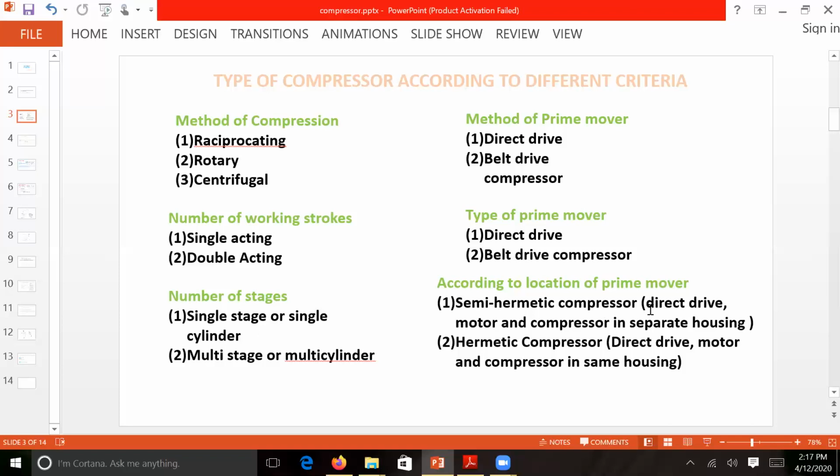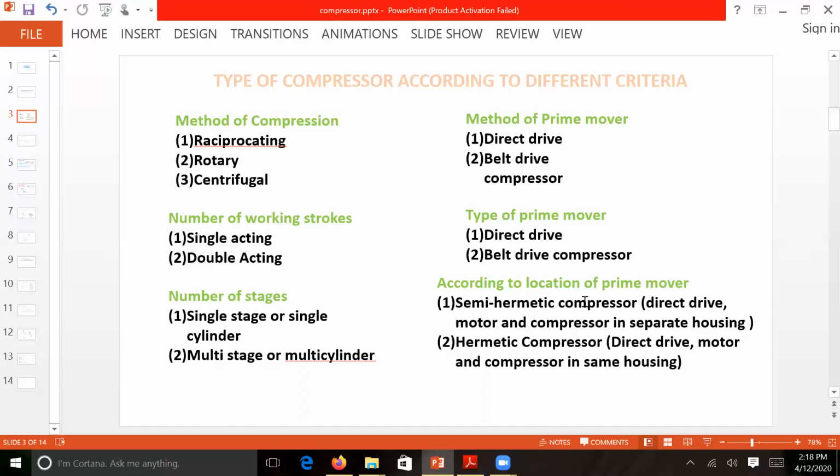And these are very environmentally degrading gases, so they need to be confined to the space. The compressor and the driving unit are incorporated in a single housing, which is sealed from the ambient.